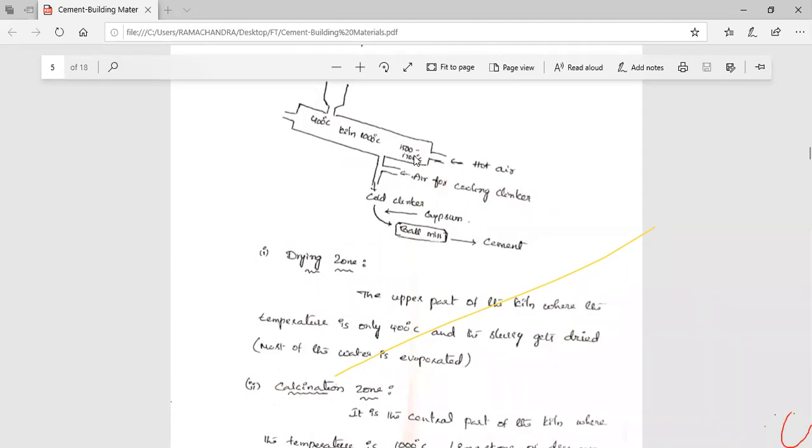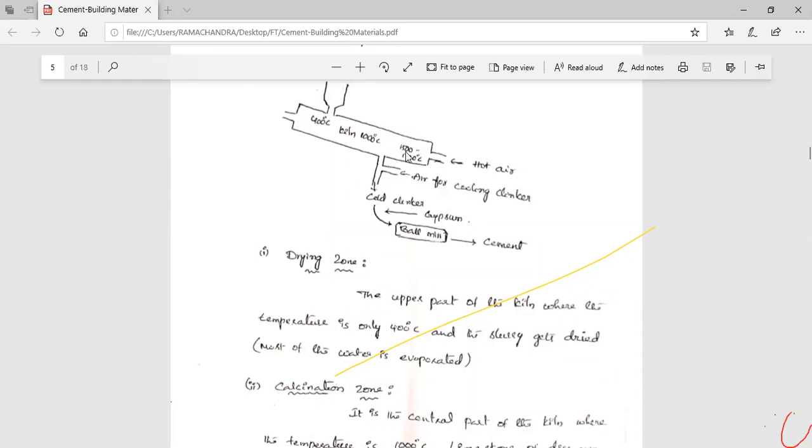The product formed is known as clinker. When we apply heat, some of the components burn and some get elevated, and that elevated component is known as the clinkers.